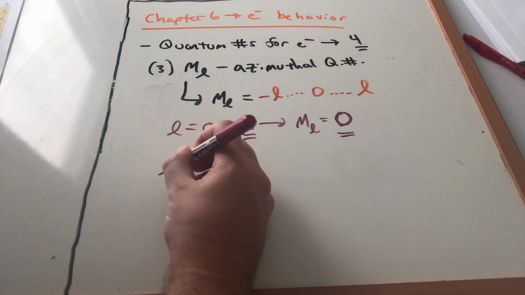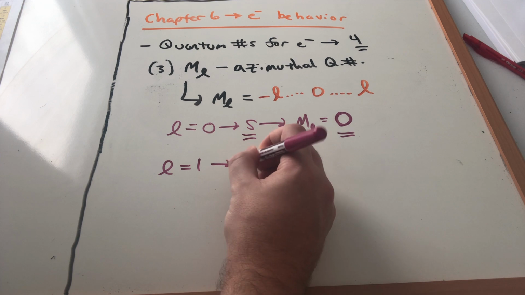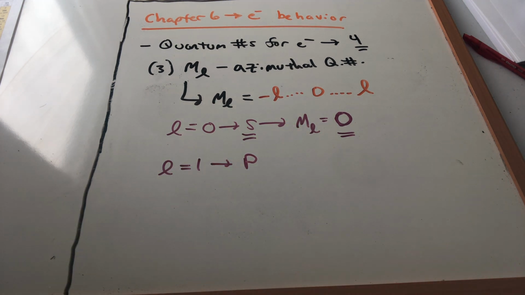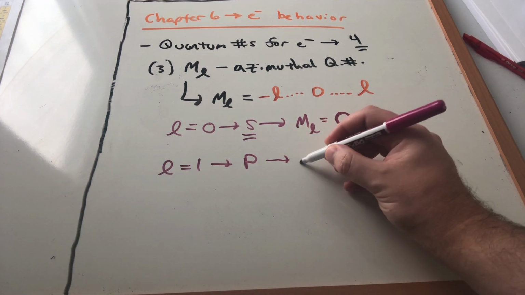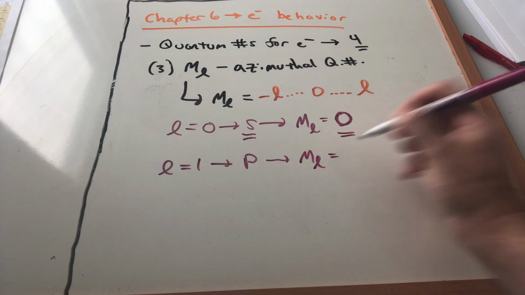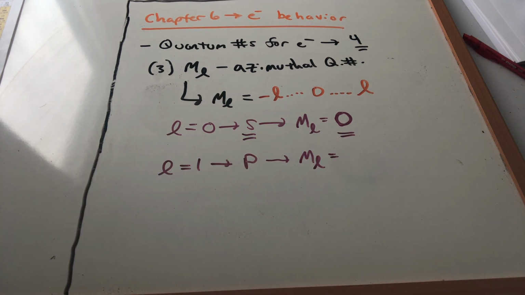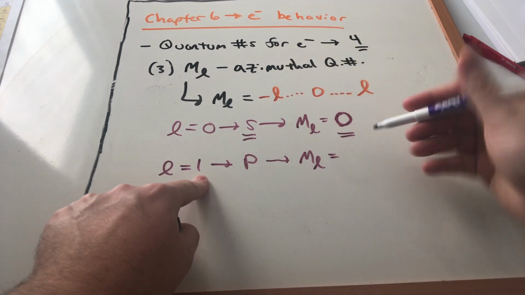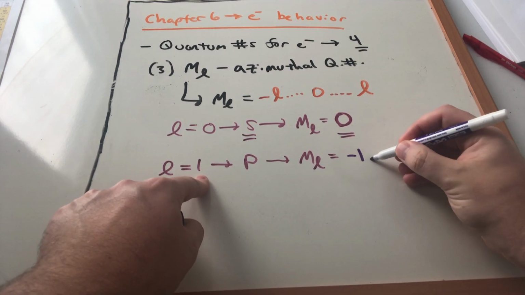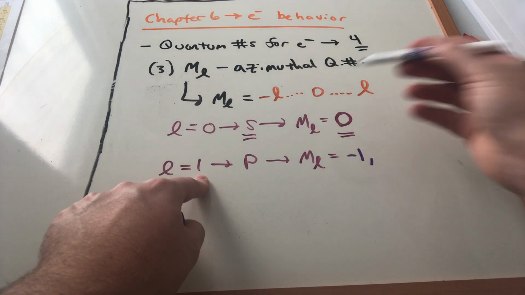What about when L equals 1? When L equals 1, we call that a p orbital. Remember, these showed up in sets of 3? Well, let's see why now. What m sub L's are allowed? Each m sub L is a different orientation of that 1 shape. L equals 1, so I start at negative L, and I keep adding 1 until I get 0.